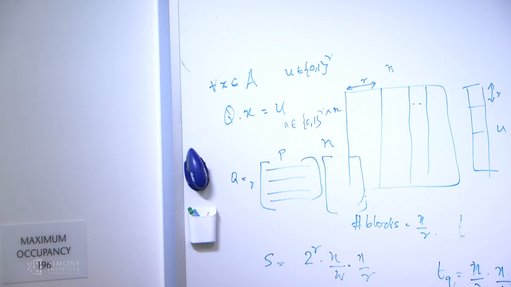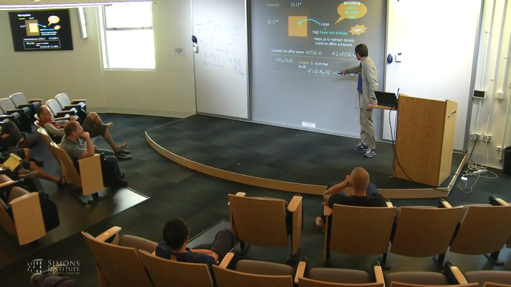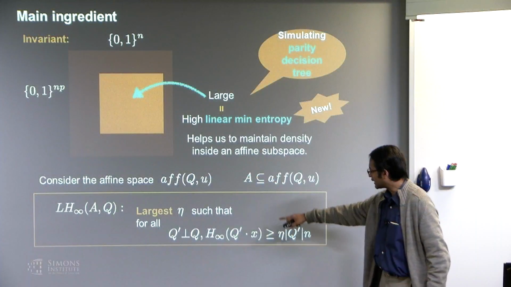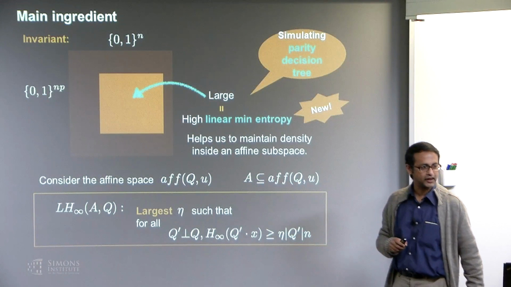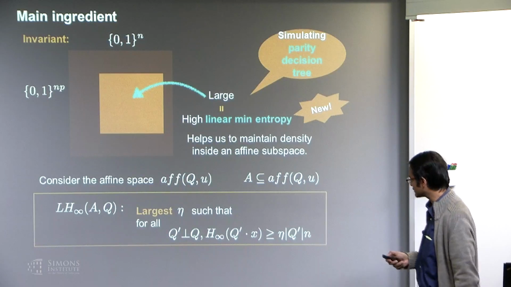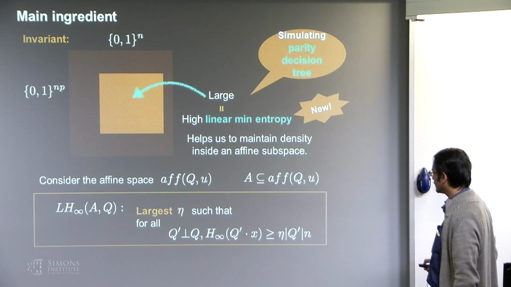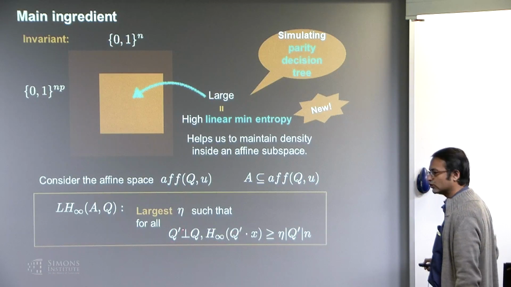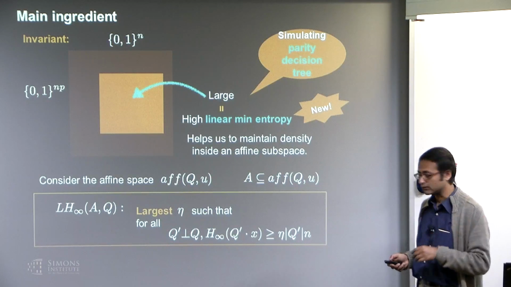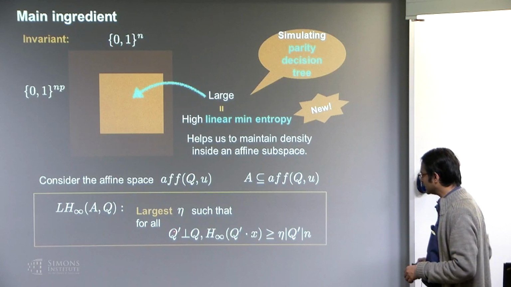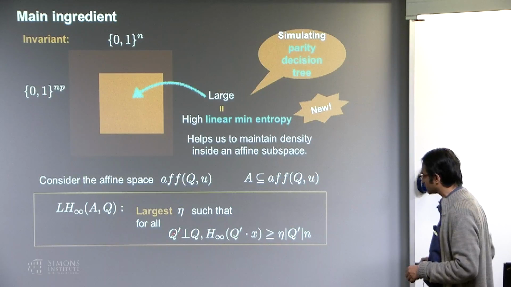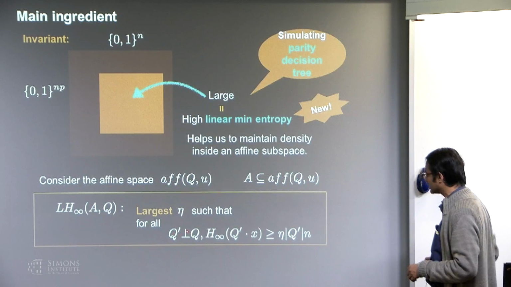And how do we use A in the definition of the entropy? So this is what I'm saying. If you choose X, X is chosen uniformly at random from A. Okay, so the condition is, if I look at every Q prime which extends Q in a linearly independent way, so Q prime is another set of queries, each of which is linearly independent from Q, right?